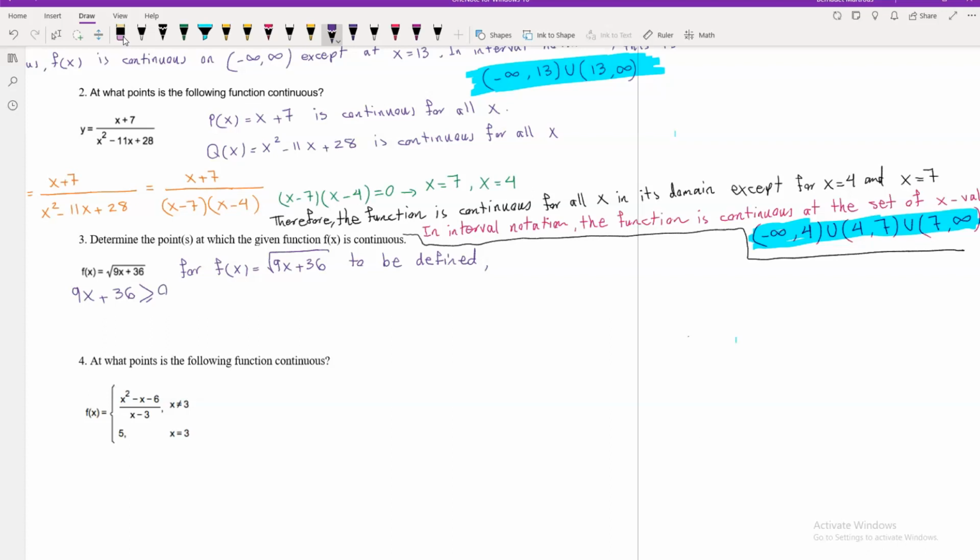Now solving for x, subtract 36 from both sides. So this is 9x greater than or equal to negative 36. Divide by 9 on both sides. So what we have is x greater than or equal to negative 4.